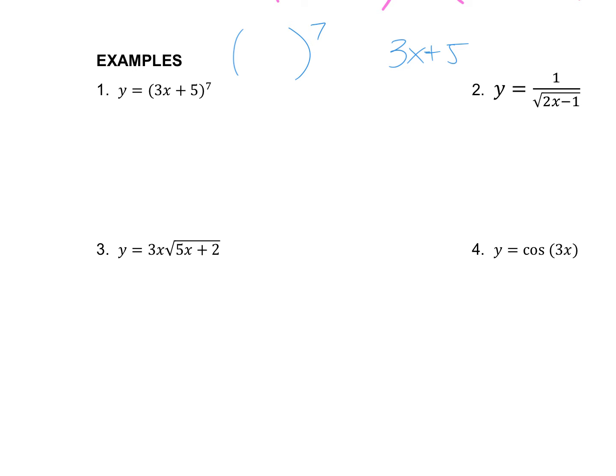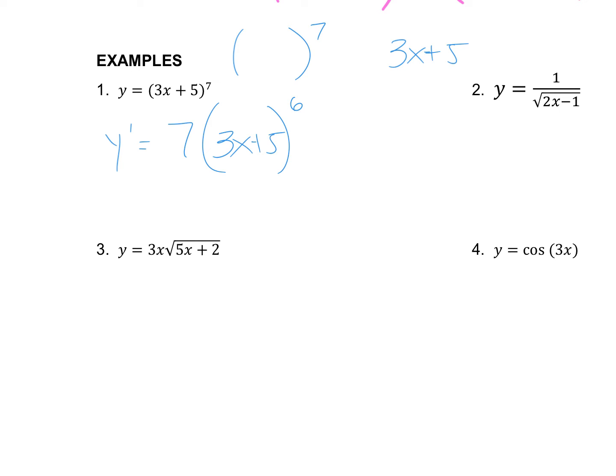So if it was just an x to the 7th, how would you take the derivative of an x to the 7th? Yeah, you'd bring the 7 down. You'd keep the x, whatever that x happens to be, and you'd subtract 1 from your exponent, right? But there wasn't just an x in there. What was in there? 3x plus 5.